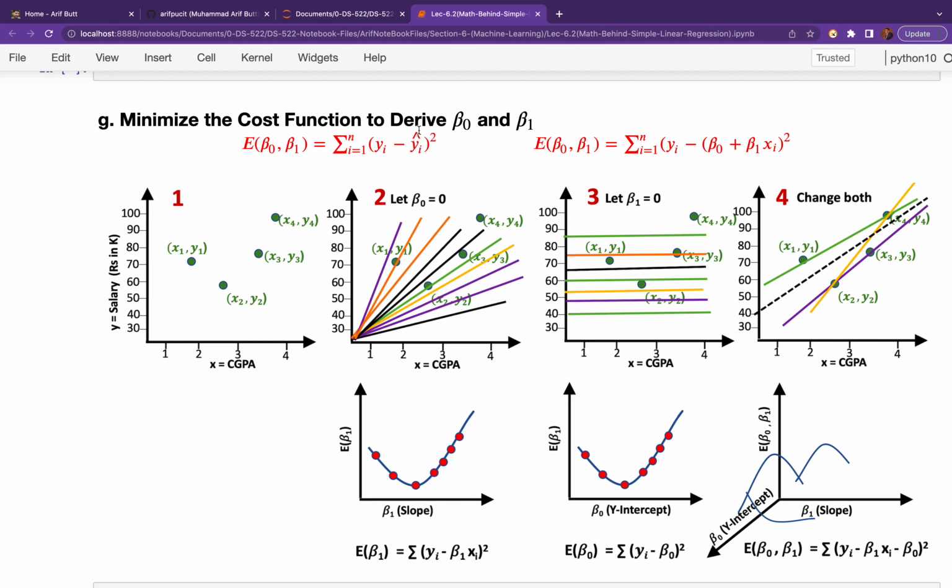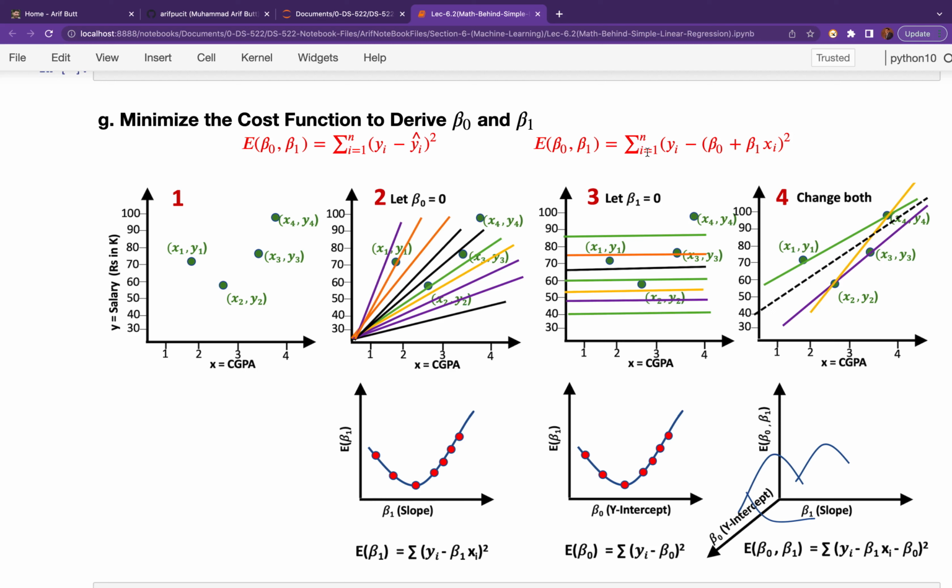I substitute the value of yi hat over here, and I can write the error function like this as well. And our goal is to find those values of beta naught and beta 1 for which this error function will give us the minimum value. And my dear students, we can do this by differentiating this error function and later equating it to 0. And from our calculus background, we all know that differentiation is actually finding the rate of change of something with respect to something.